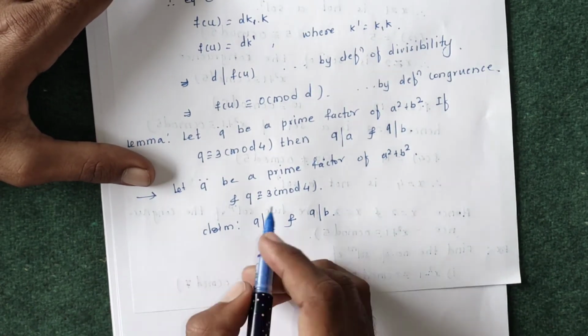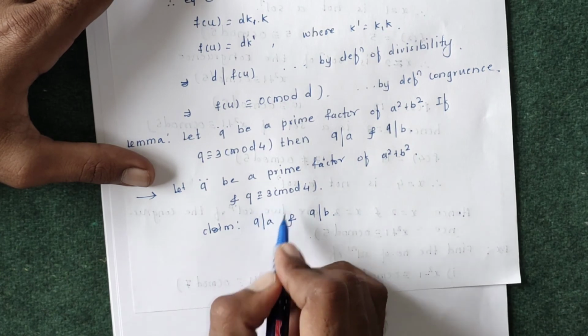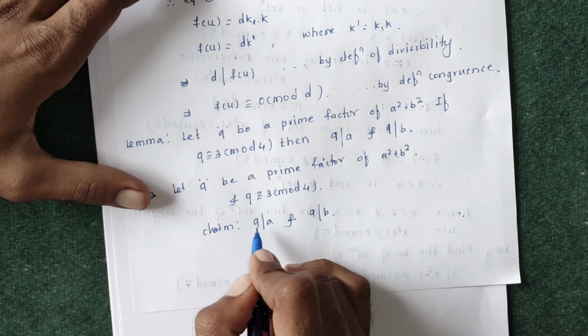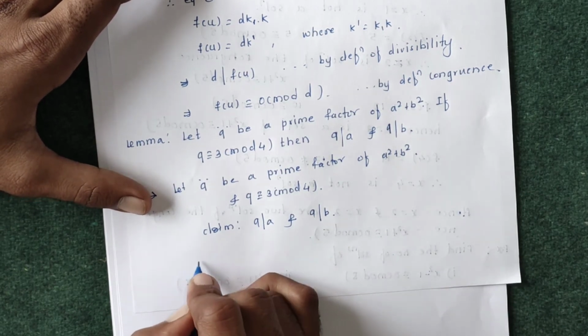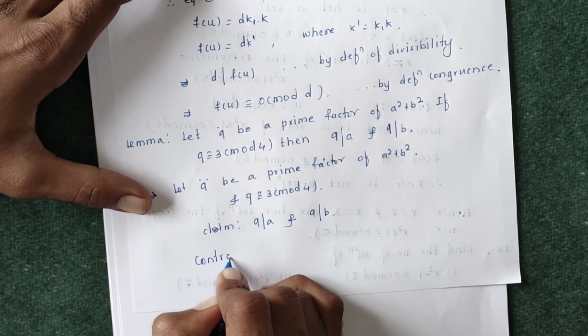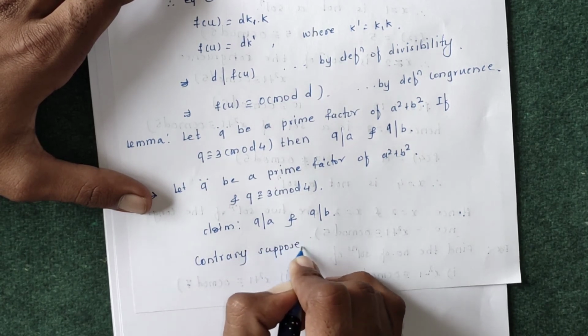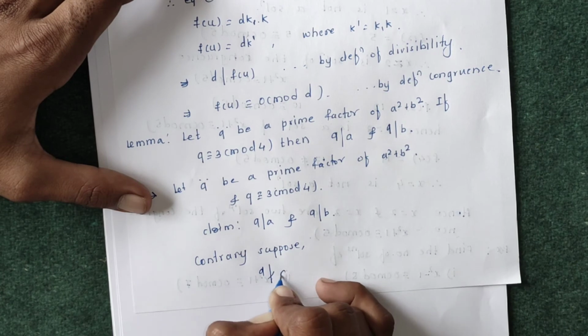First we will prove q divides a, and similarly we can prove q divides b. To prove q divides a, suppose to the contrary that q doesn't divide a.